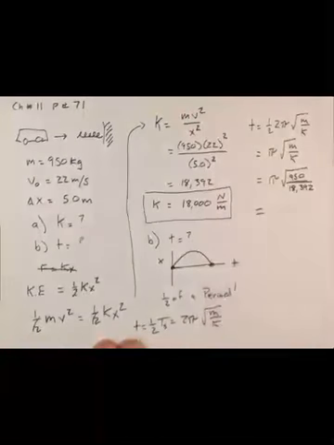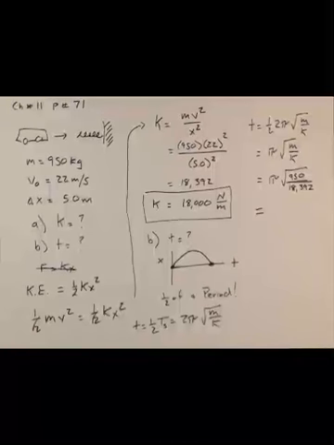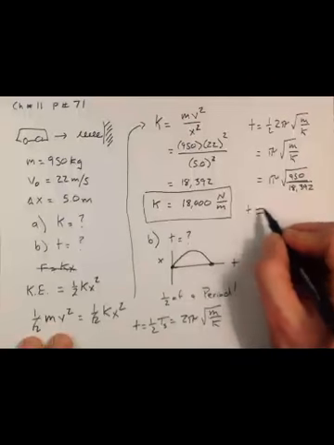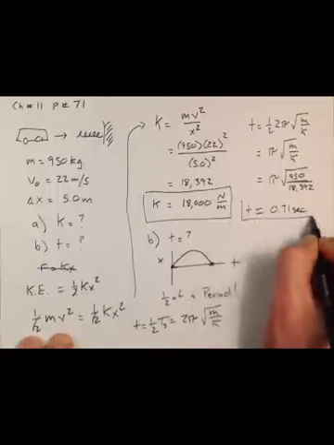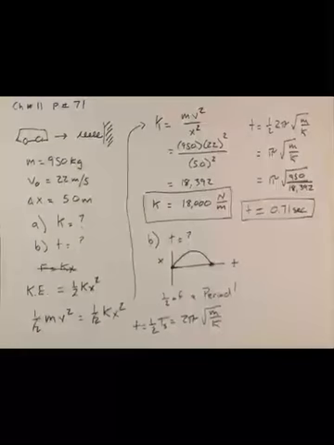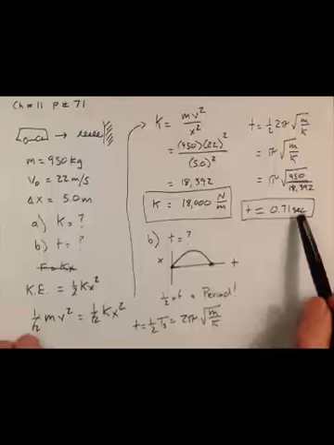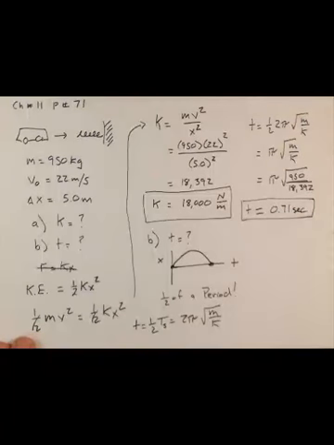In our calculator, we get a time of about 0.71 seconds. Nice work, AP Physics students. So 1/2 of a period is the big idea there.